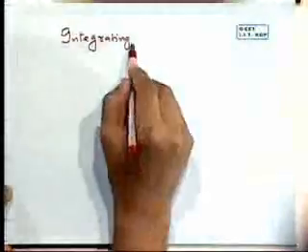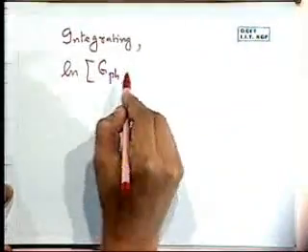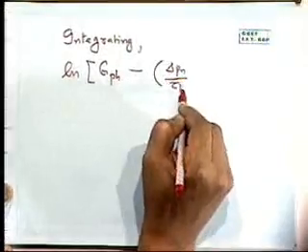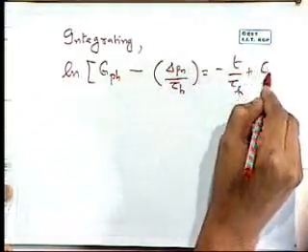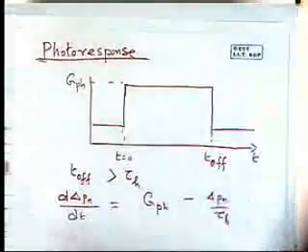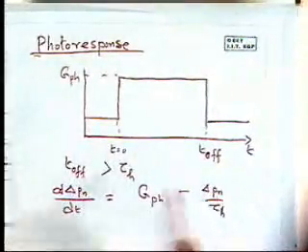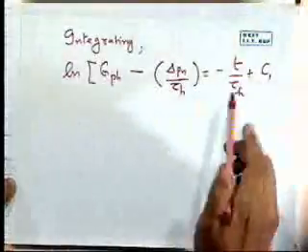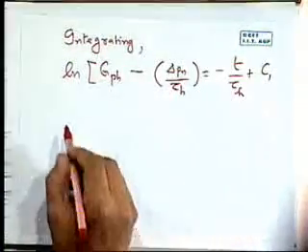And when we integrate this equation, we have natural log of Gph minus delta Pn by tau h is equal to minus t by tau h plus some integration constant. You're integrating d delta Pn and dt by tau h, you get this equation. Now we want to know what is the integration constant.